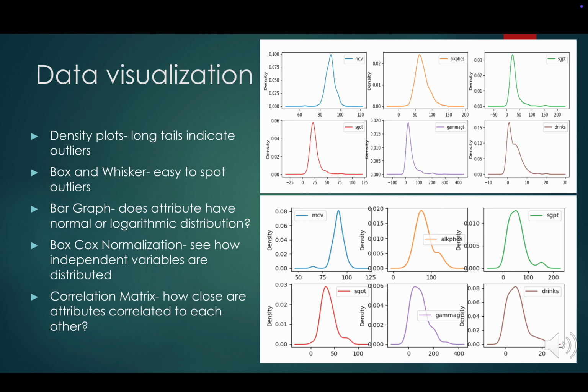Bar graphs give you an idea if attributes have a normal or logarithmic distribution. And a correlation matrix shows how closely correlated each feature is with each other. And the Box-Cox normalization allows you to see how independent variables are distributed.